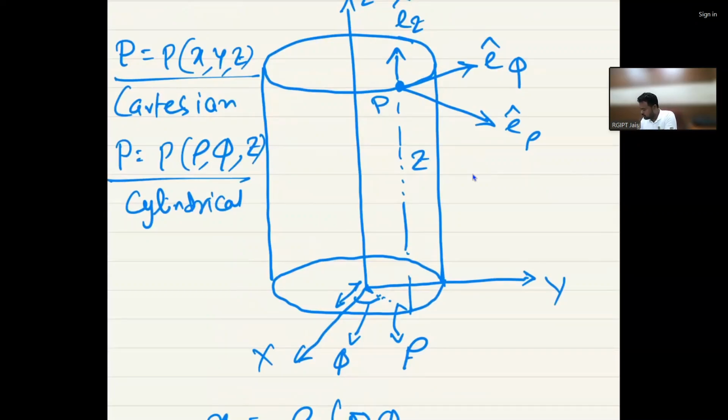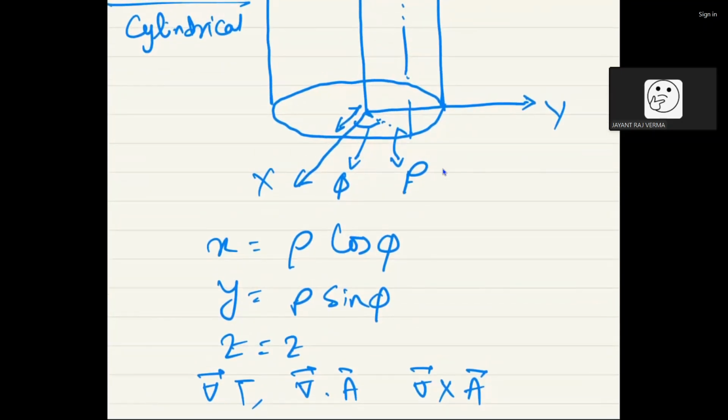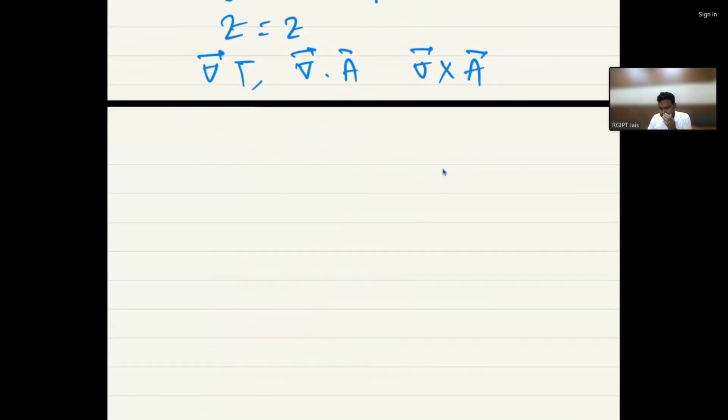Okay, is this part clear to everyone? How we are describing this coordinate system? As you can see, these are not linear coordinates. The straight line coordinates are basically in the Cartesian system.